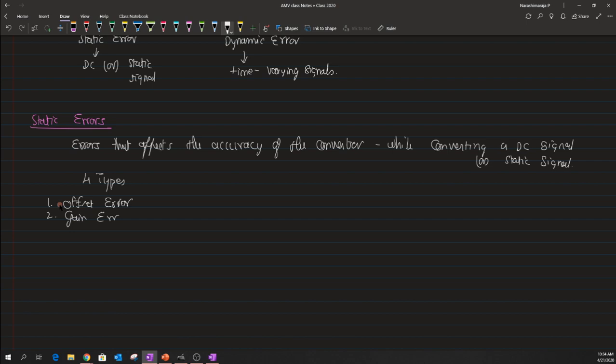So, among these four different types, the first two types are generally called linear errors.